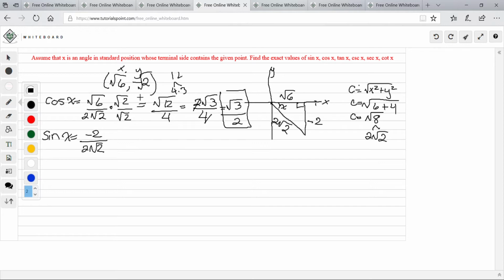That was my mistake. The c value is still 2 root 2. Okay, so the square root of 2 cancels, and you're left with negative 1 over 2.